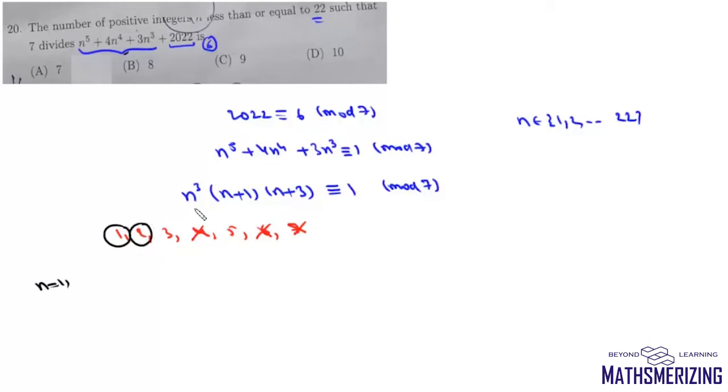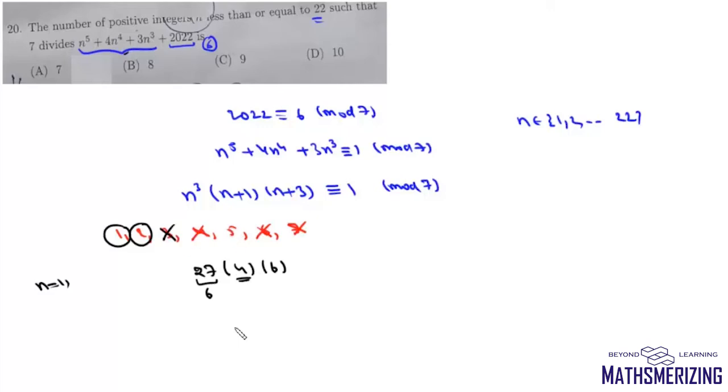Now if we take n as 3, we'll get this as 27, and this is 4, and this is 6. Now 27 is 6 modulo 7. Now this is 36. 36 is 1 modulo 7, and 1 into 4 is 4. So this is congruent to 4 modulo 7. So it is not 1. So we will not consider 3.